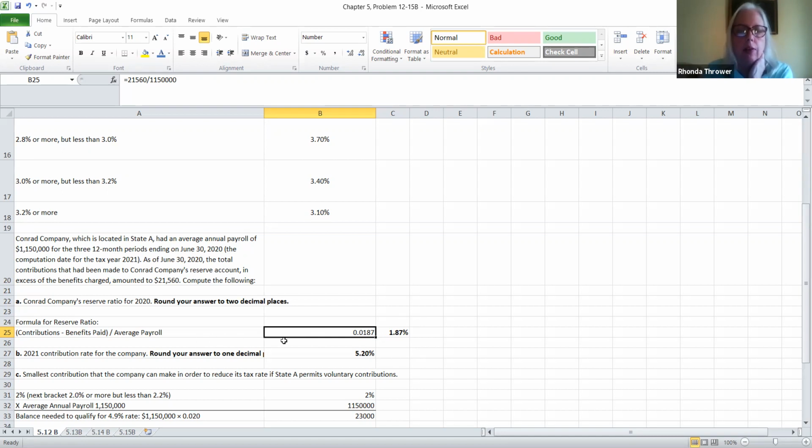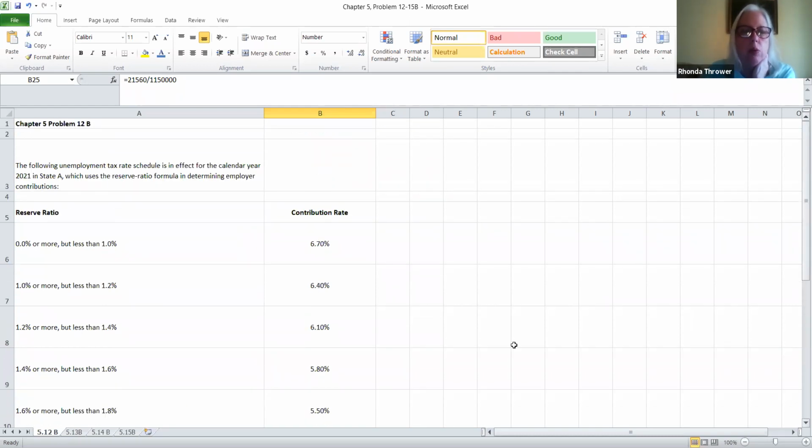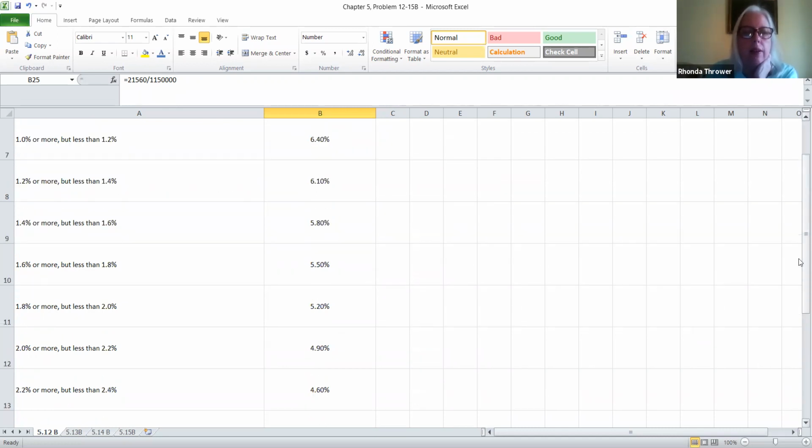And what this does is this tells you on the table where to go. So in other words, 1.87, we want to look on our table that we had here, and we want to go to the brackets that fall within 1.7. So it's from 1.6% or more, because it's 1.7, but it's less than 1.8.